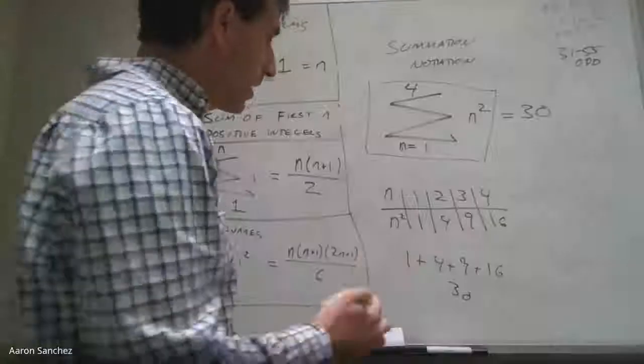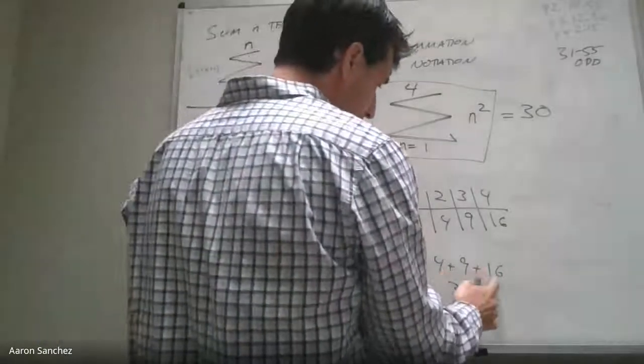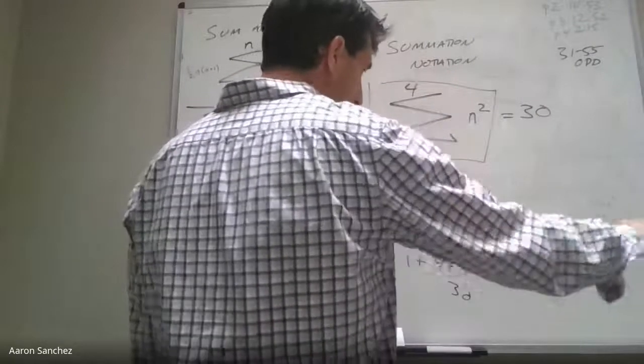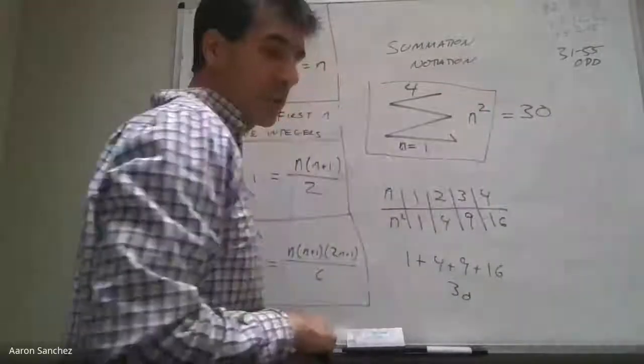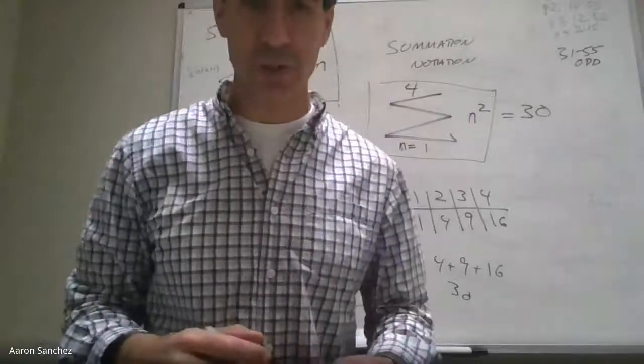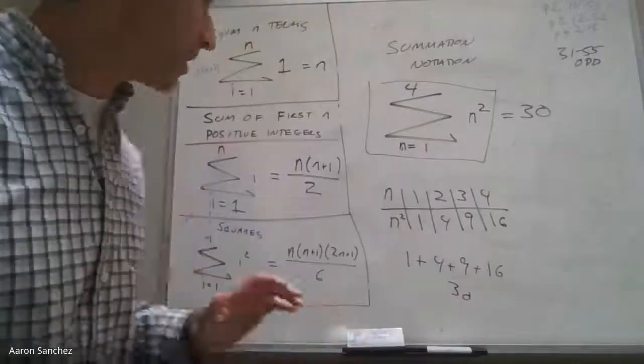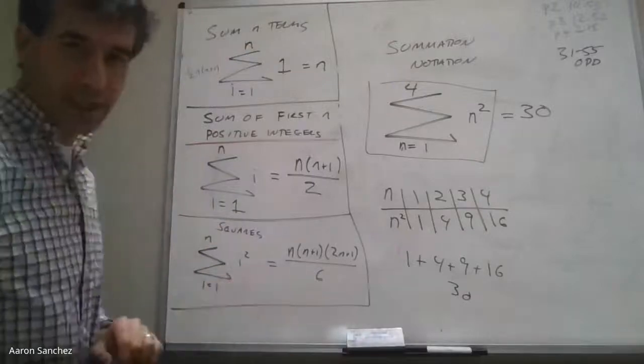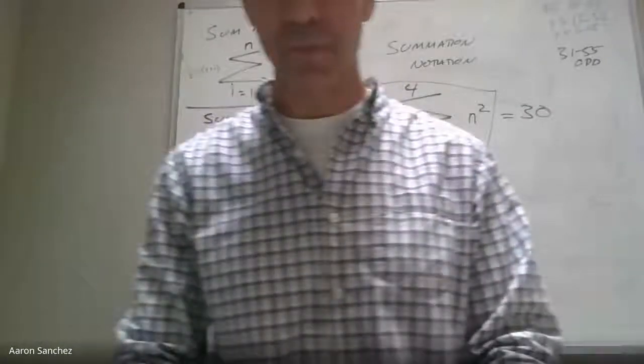Instead of having to say 1 plus 4 plus 9 plus 16, and this can go up to 50, you can just have a symbol here that tells you what it all is. Oh, that makes sense. And we'll see, this gives us more tools when we get over here that'll help us too.